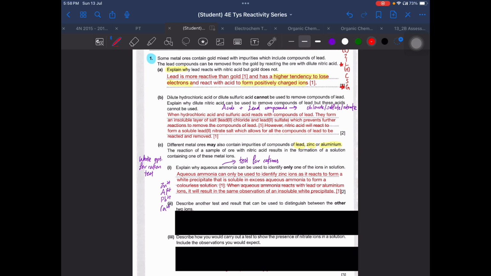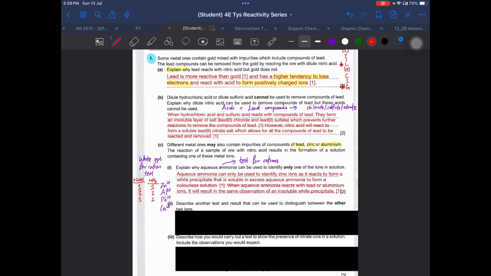But in order to differentiate them, we can recall what happens to this white precipitate if aqueous sodium hydroxide or aqueous ammonia is used. In the case of zinc ion, the white precipitate will be soluble in excess of the chemical to form a colorless solution. In the case of aluminum, it will be soluble for sodium hydroxide, but insoluble for aqueous ammonia.